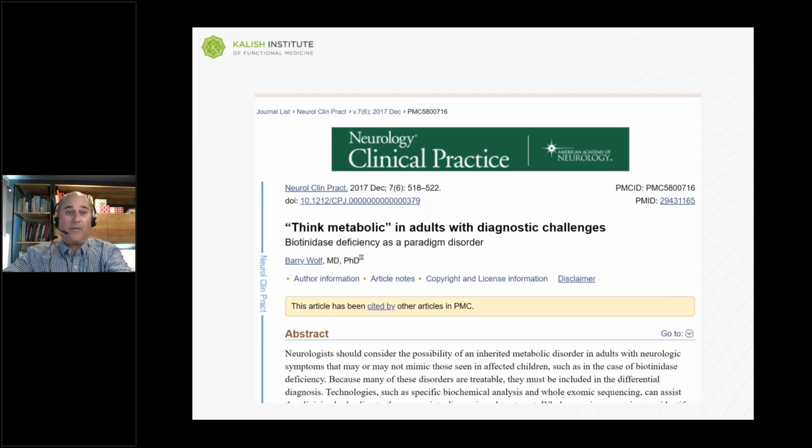And Barry Wolf here is demanding that you think metabolic in adults with diagnostic challenges. Just quote right here: neurologists should consider the possibility of an inherited metabolic disorder in adults with neurologic symptoms that may or may not mimic those seen in affected children, such as in the case of biotin deficiency.